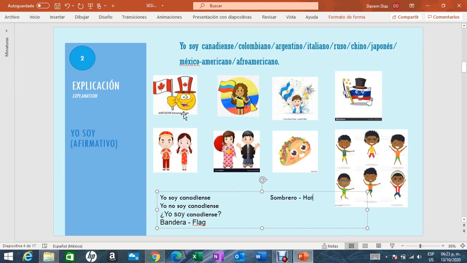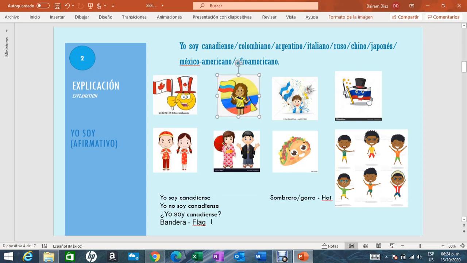So we can see here a guy that would introduce himself as Yo soy canadiense, la bandera de Canadá y un sombrero de Canadá. We can say sombrero or gorro. It's the same thing. Sombrero de Canadá, gorro de Canadá.